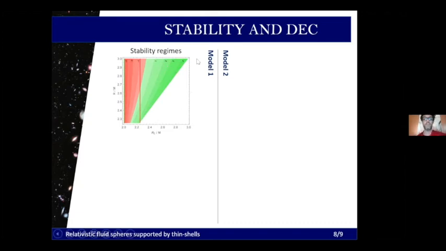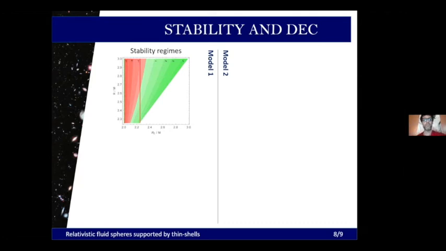So the result is, if you take a shell like this and you put a mass, you put the shell with a radius arbitrarily close to, but slightly bigger than, the radius of a black hole, this star will be able to reproduce 100% the observations we have for orbits around a black hole. So this is a very nice model. It is stable and it is made of regular matter.